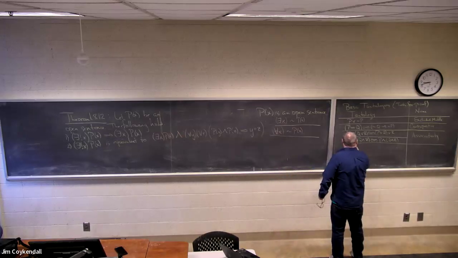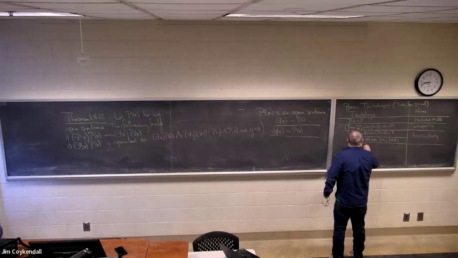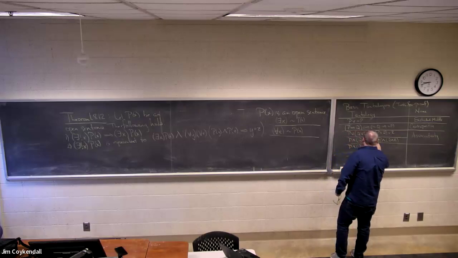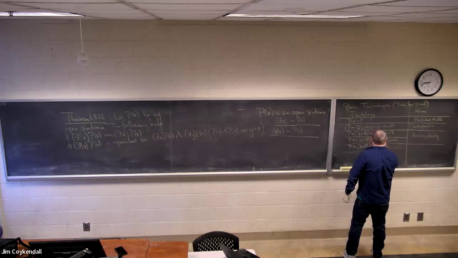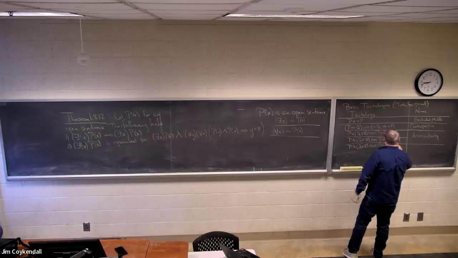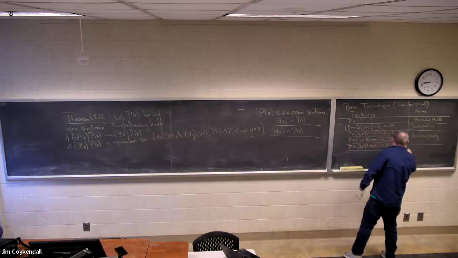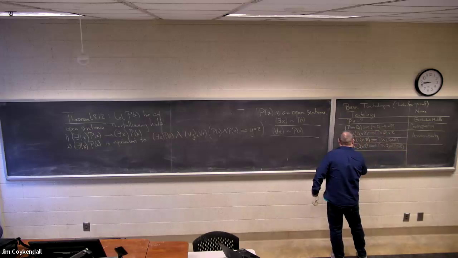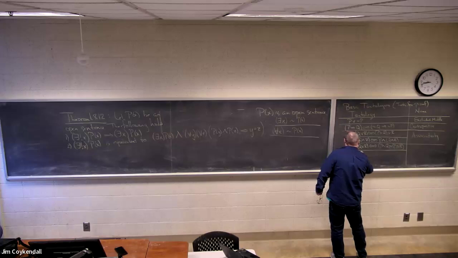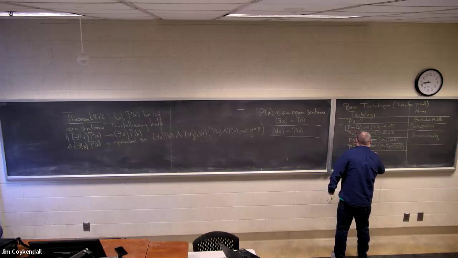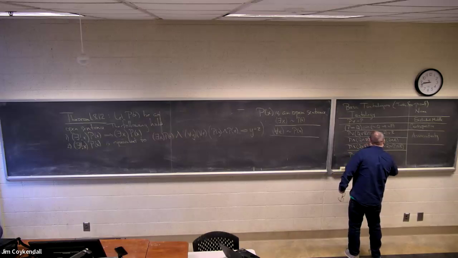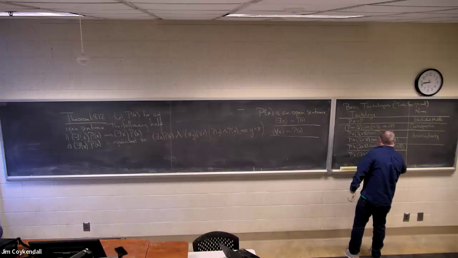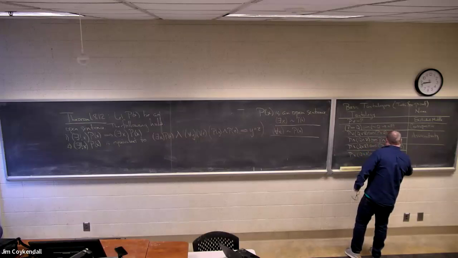We have another pair: P and (Q or R) is equivalent to (P and Q) or (P and R). And there's an analog: P or (Q and R) is equivalent to (P or Q) and (P or R).